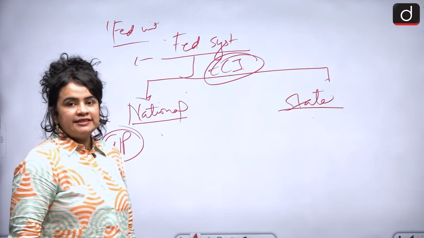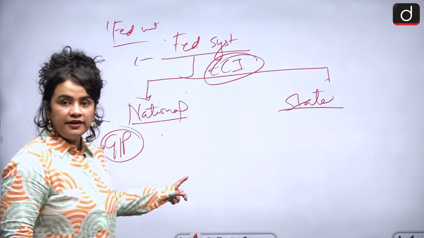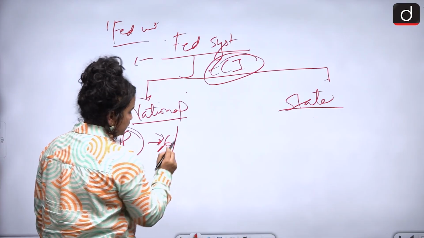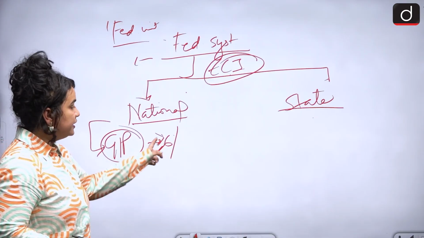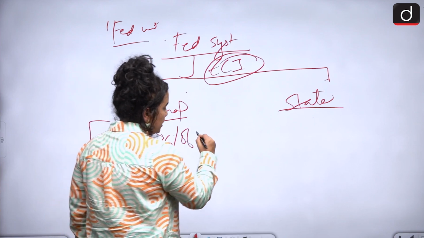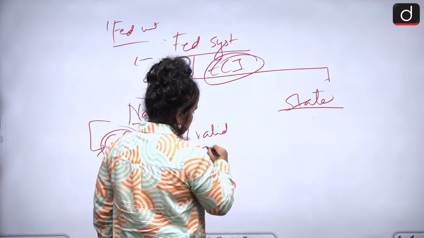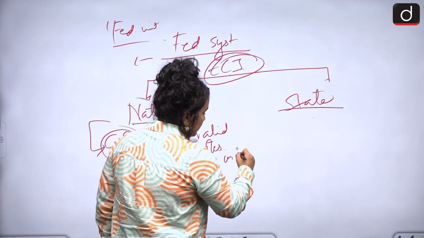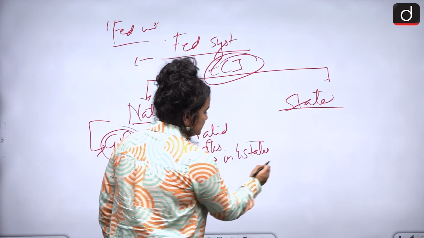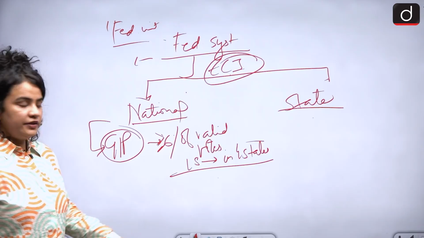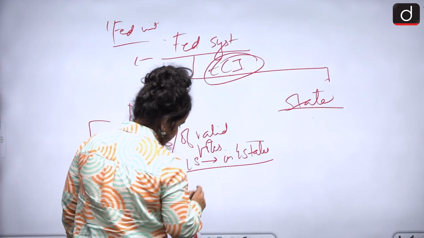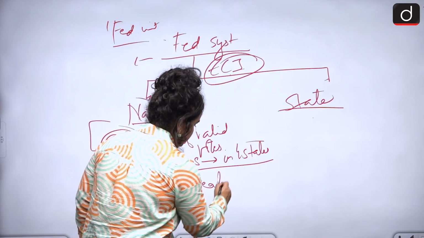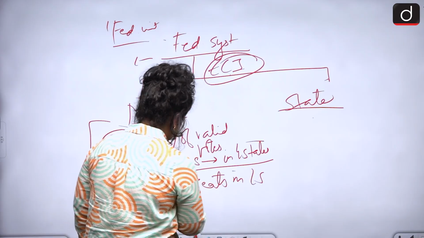To qualify as a national party, this party will have to win at least 6%, or greater than or equal to 6%, of total valid votes cast in the elections for the Lok Sabha in at least 4 states, along with 4 seats in the Lok Sabha.